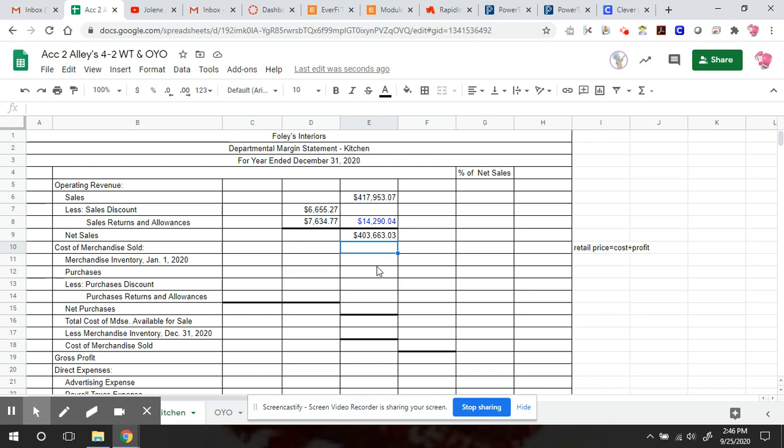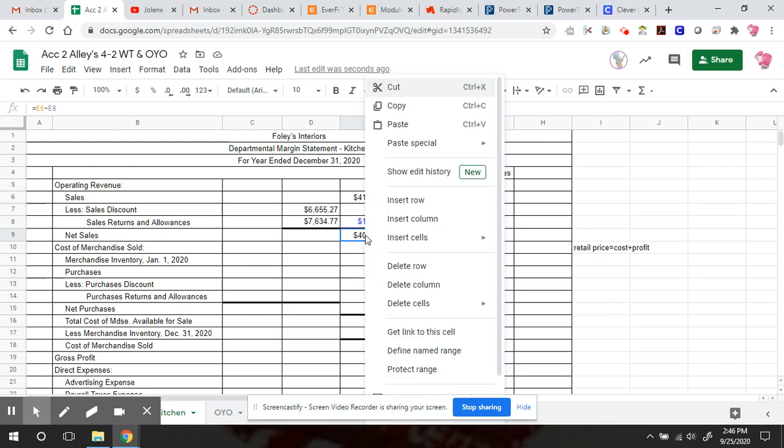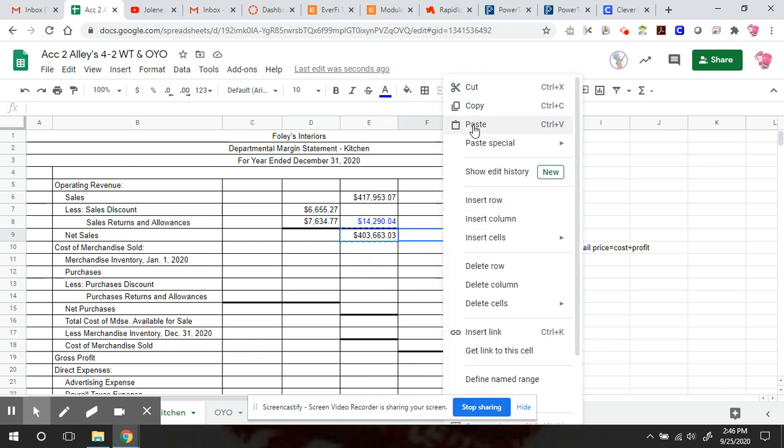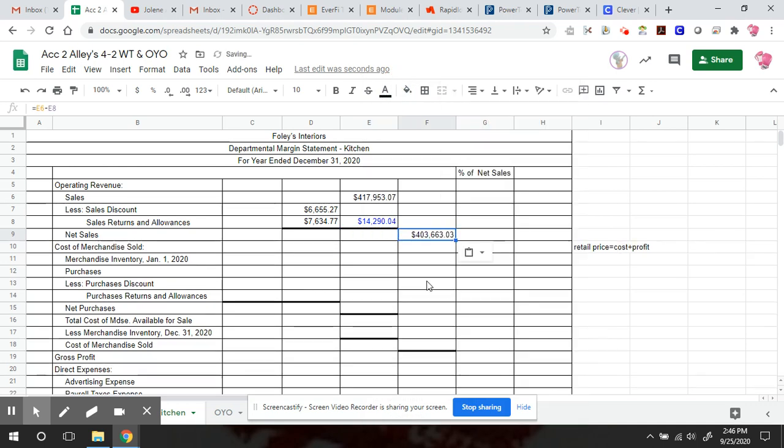Actually, I put it in the wrong column, didn't I? I'm going to cut and paste it into the far column.